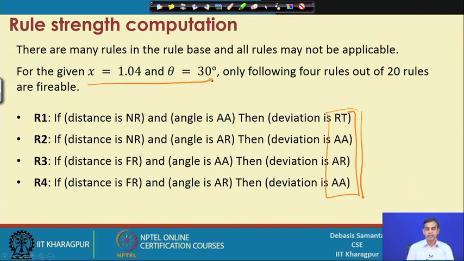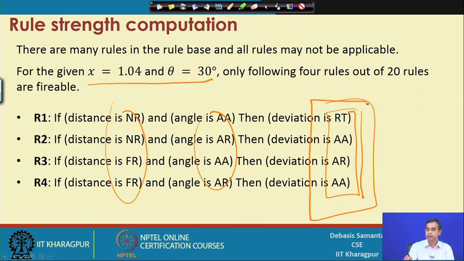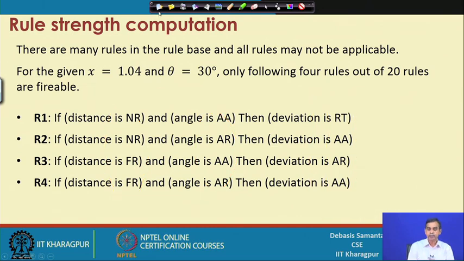At any instant, the fuzzy logic controller will receive this input, fuzzify it, these are the fuzzified values, and based on this, it decides which rules can be fired, and then it will see that these are the most relevant or significant rules so far as the decision of the output is concerned. So, the fuzzy inference engine takes an input and selects the subset of rules which are relevant, and then it does more.